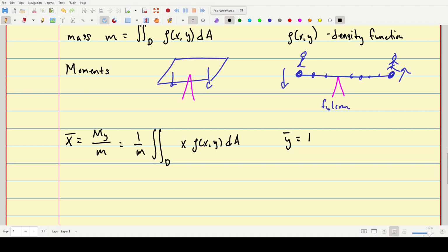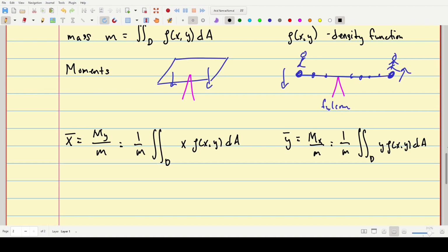We have an equivalent formula for the location of the y coordinate for the center of mass. It is the moment in the x direction, or it's the moment about the x-axis, excuse me, divided by mass.